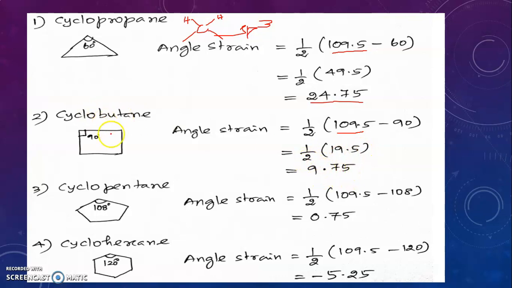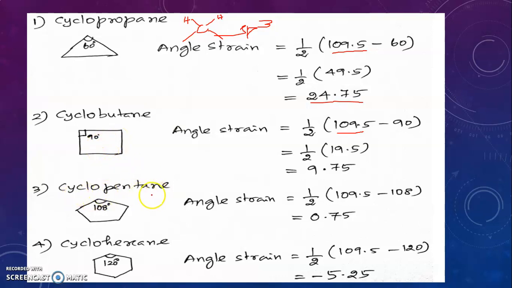So the angle strain is just 9.75. If you compare cyclopropane and cyclobutane, angle strain in cyclobutane is less. If angle strain is less, stability is more. So compared to cyclopropane, cyclobutane is more stable according to Bayer strain theory.